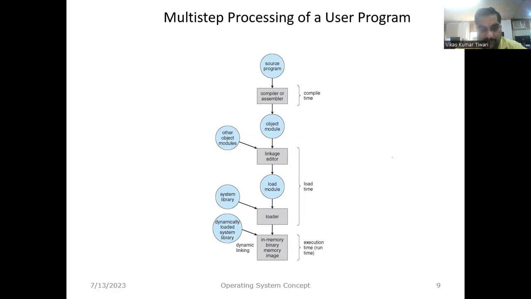At the time of linking, this is the load time. After load time, we have to run that program, and that will be execution time. So this is about the different time bindings.